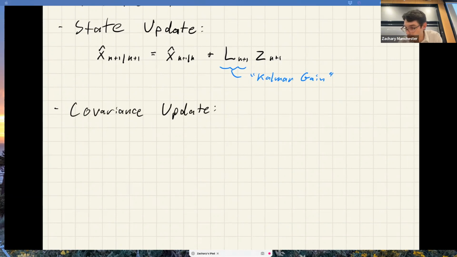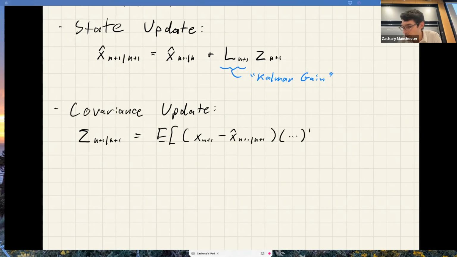So this is going to be sigma K plus 1 given K plus 1. And by definition, it is that this expectation. We've got XK plus 1, and then X hat K plus 1 given K plus 1 times same stuff transposed. And now we're just going to plug in that update thing and a bunch of definitions and simplify some stuff down.